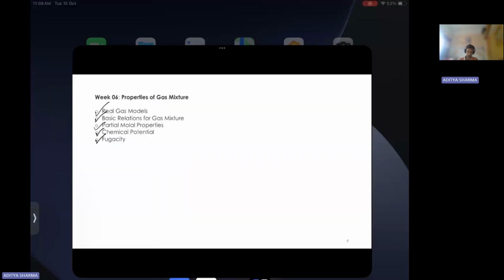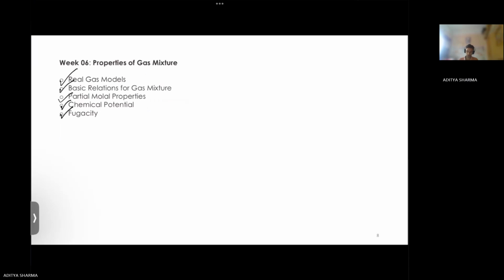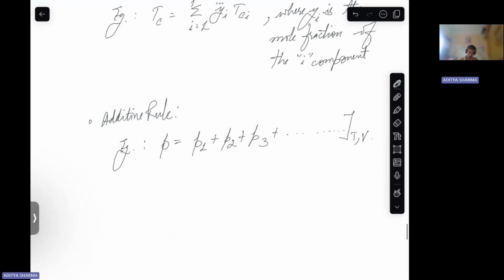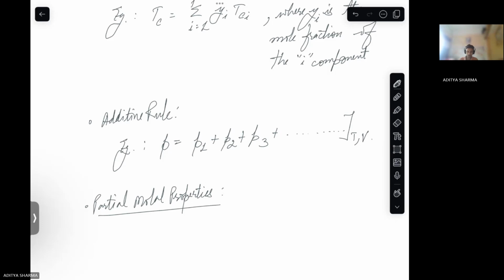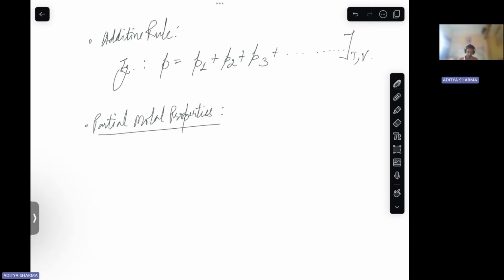Then next is your partial molar properties. So what are your partial molar properties? Basically, let's say we have some property X. In a mixture, there are different components.